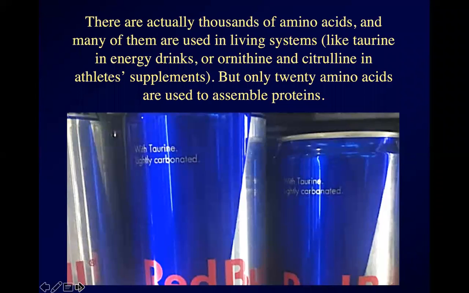Some of you would know better than I. But those are examples of amino acids that are not used to assemble proteins. They can still be important. They may still play a role in your metabolism, but they're not one of this group of 20 that are the building blocks of proteins. They've got other roles to play in metabolism.